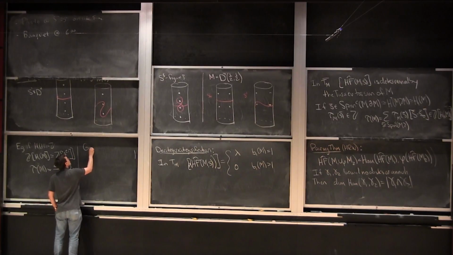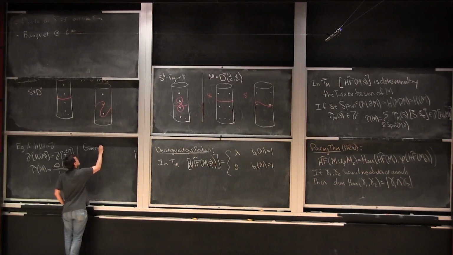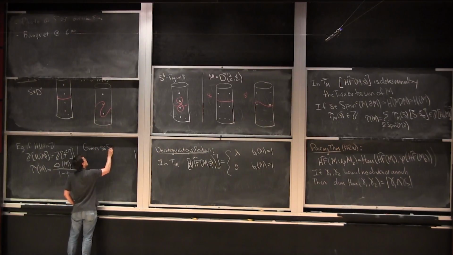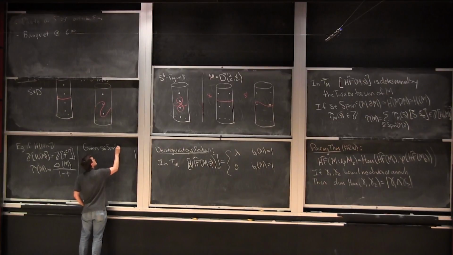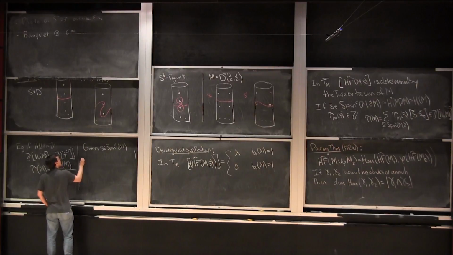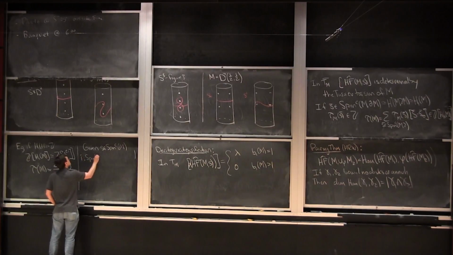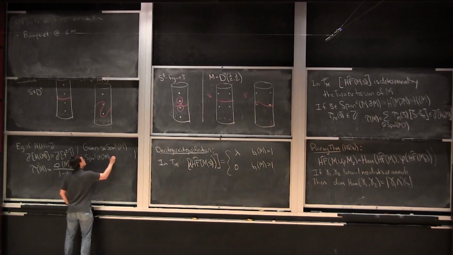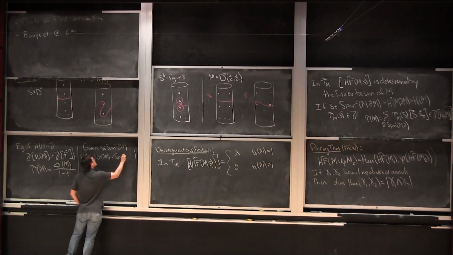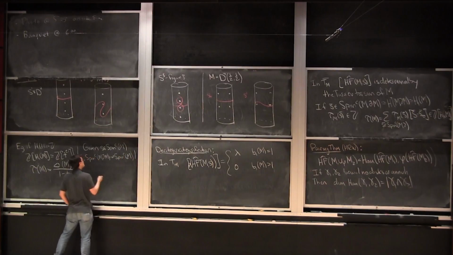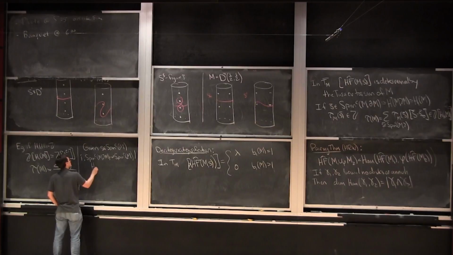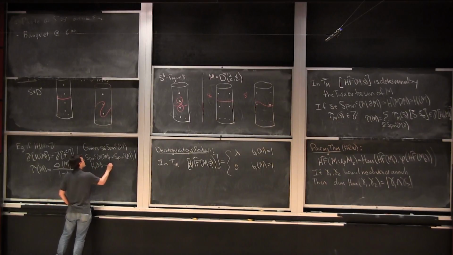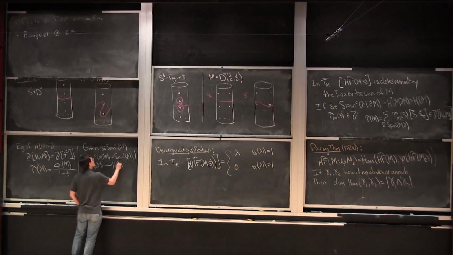Given some S in spin C of M, I have an inclusion map I mapping from spin C of M relative to boundary to spin C of M. This is modeled on the map that takes H1 of M to H1 of M relative to boundary.